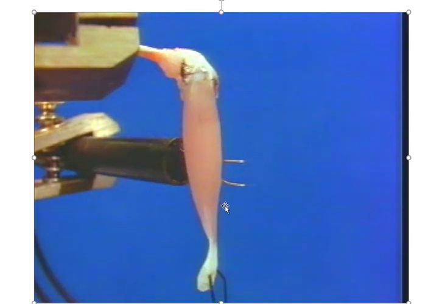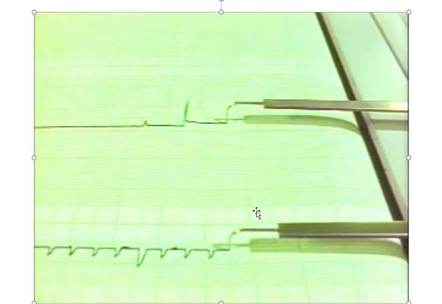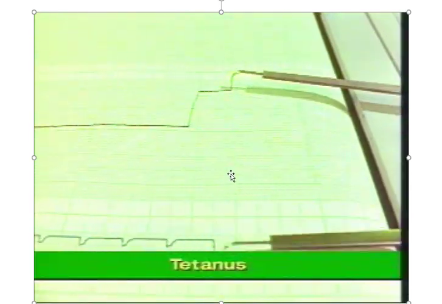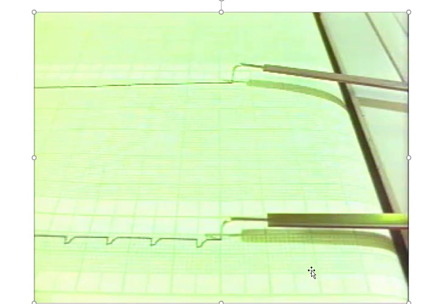So here's the electricity coming past these two, and every time he touches it, you see the leg jump. And then attached to the bottom of the muscle is a pin.